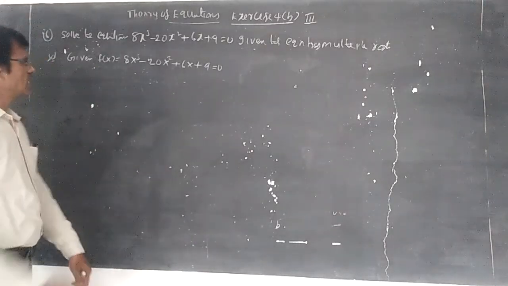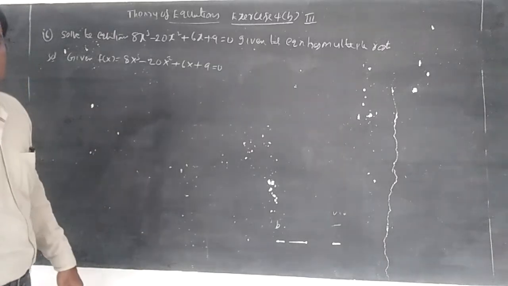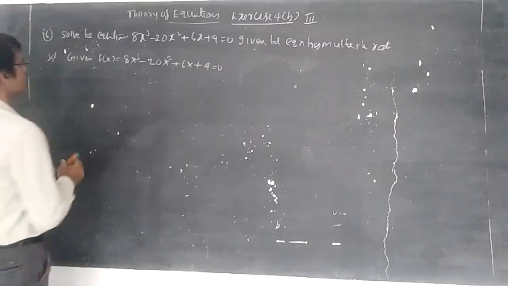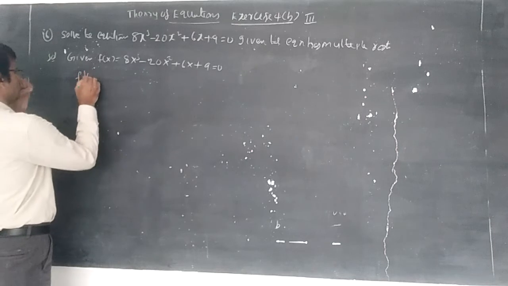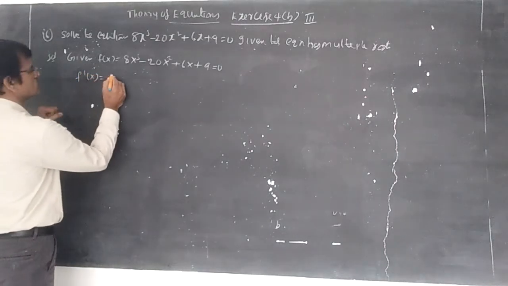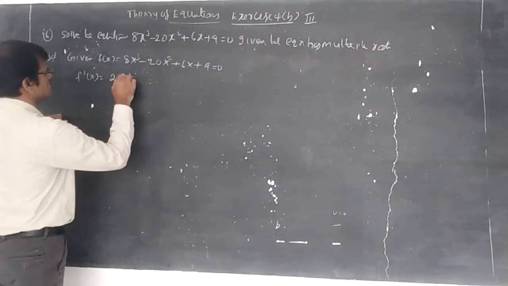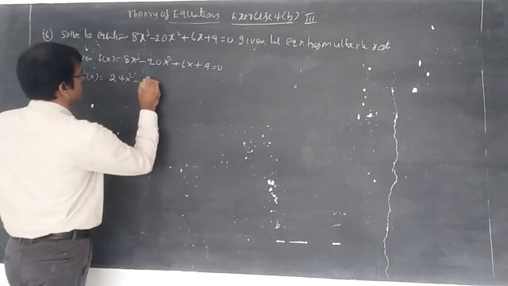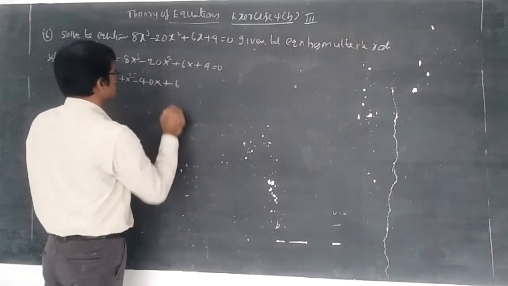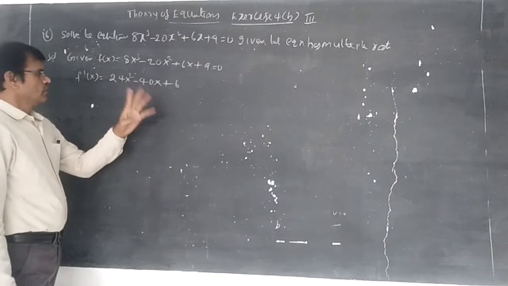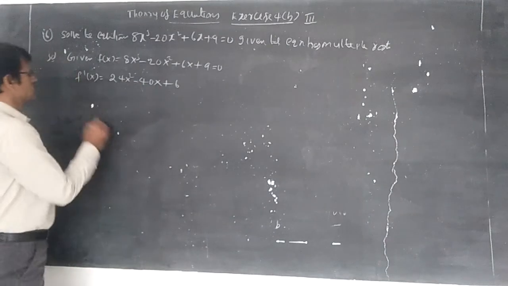Let us calculate the derivative. Let f dash x be 24x square minus 40x plus 6. 1 is not possible, 2 is not possible.